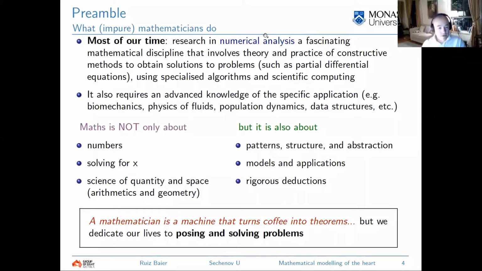So the field of computational mathematics and numerical analysis and scientific computing also requires the person involved in that field to know at least a little bit about the physics or the biology or the population dynamics involved in the question at hand.